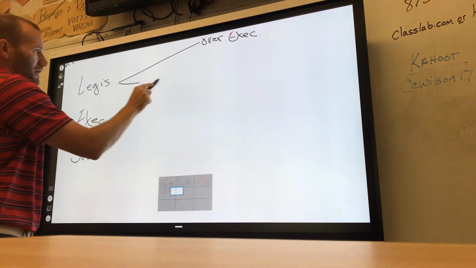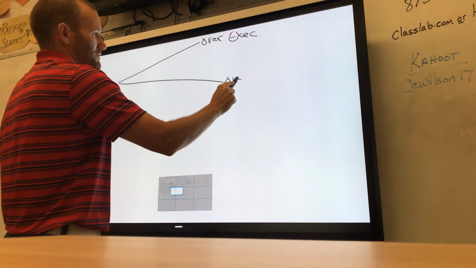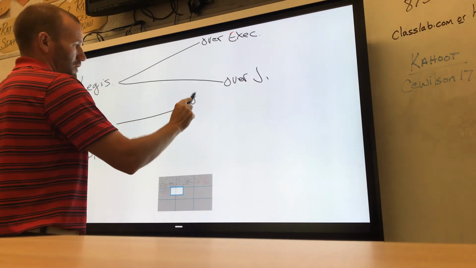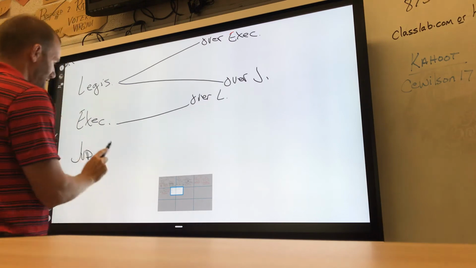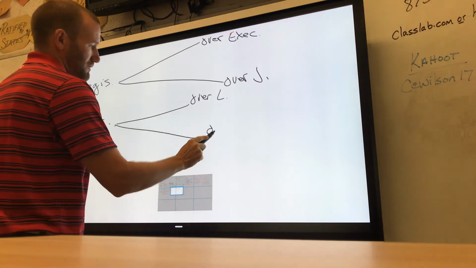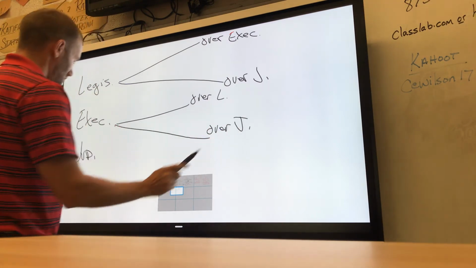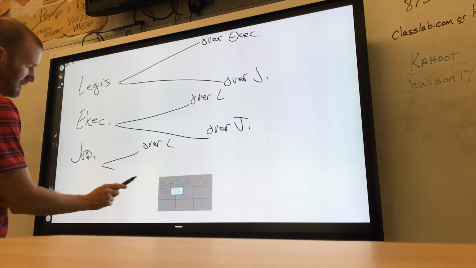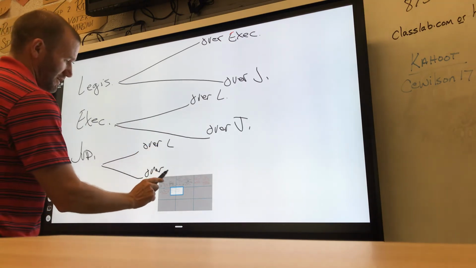There's things that the legislative can do over the judicial. There's things that the executive can do over legislative. Things that the executive can do over judicial. And then there are things that judicial can do over legislative and over executive.